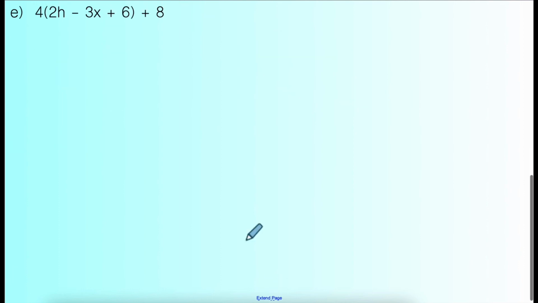So we've got 4 times, and then inside of the parentheses, 2h minus 3x plus 6, plus 8. So this is one where you pay a little bit of extra attention. You've got to be kind of careful here. The reason is that plus 8 that's at the end, sometimes it's tempting when you're distributing to just go crazy and start distributing to everything.